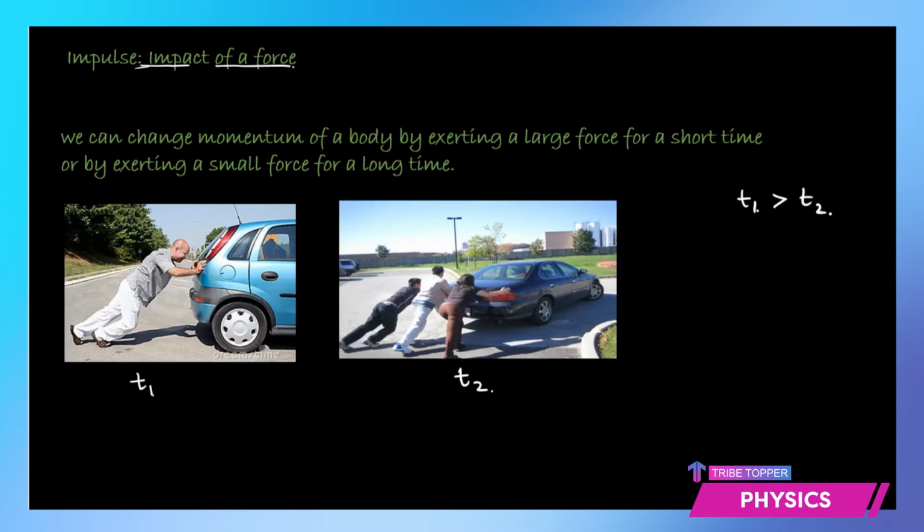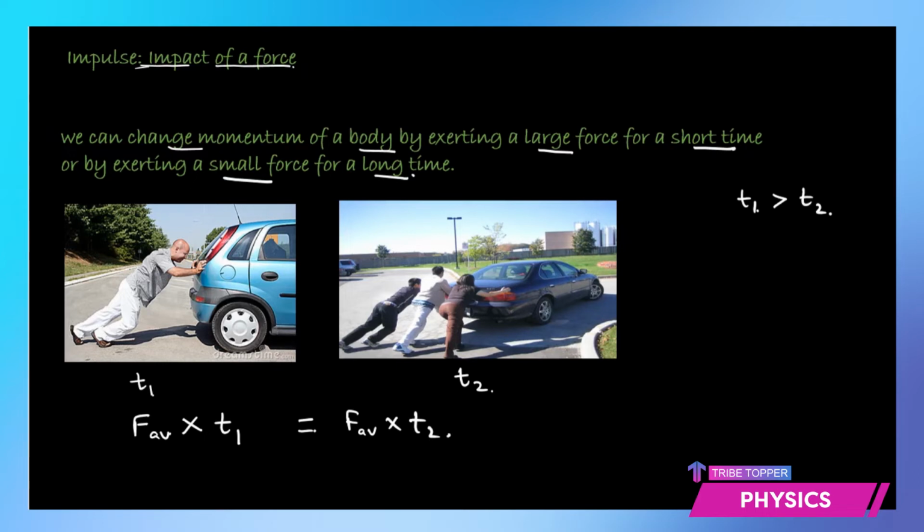So that means we can change the momentum of a body either by a larger force for a short time or by exerting a small force for a long time. If the force applied is less, the time will be more. So I have a force F1 applied for a time t1, and this has to be the same as F2 into time t2.